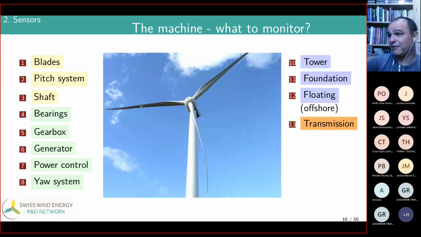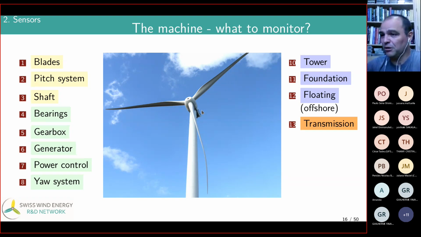Here is the machine. I forgot to put the numbers around here, but I think you know where the parts are already. So blades, pitch system: if you come from where the wind hits the machine and things start moving, we look at the blades. There's a pitch system inside the rotor. We have a main shaft, and of course this shaft is supported by bearings. There's a gearbox somewhere here, maybe not if it's a direct drive. We have the generator.